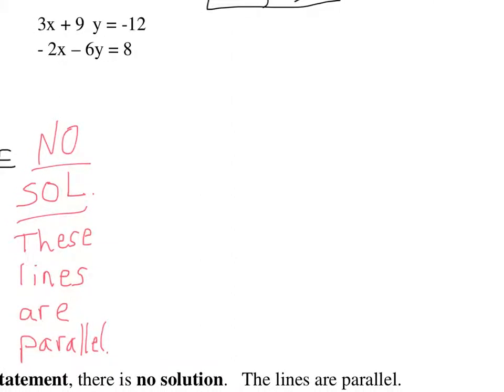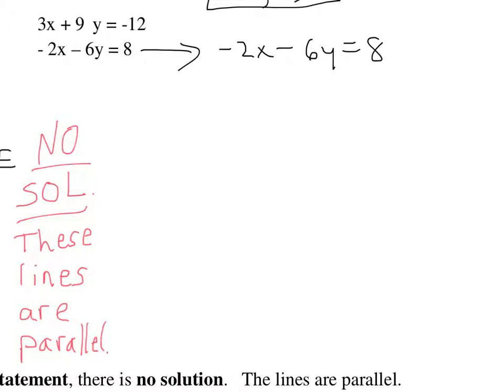Look at this one. The first line, we have 3x plus 9y equals negative 12. The second one, we have negative 2x minus 6y equals 8. There's not really a good variable to solve for here, so I'm going to solve the second equation for x. That's the smallest coefficient, negative 2, so we'll solve for x.